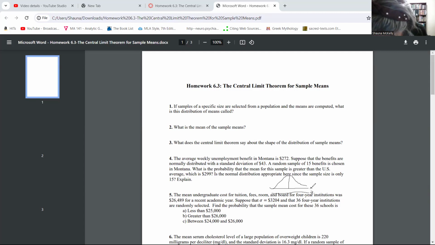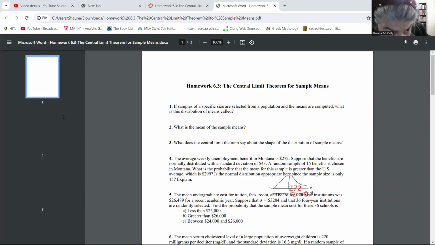This X is going to be 272, as I've told you. This Z corresponds to a Z of 0. My X is 272, my Z is 0.